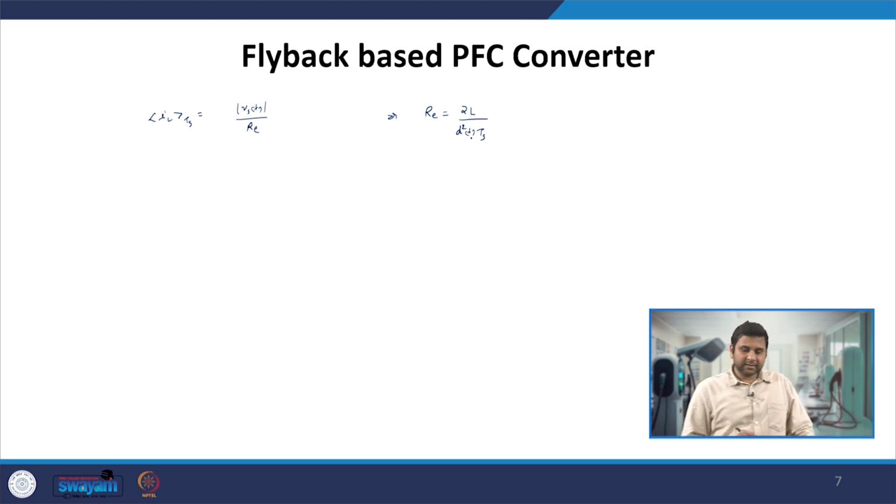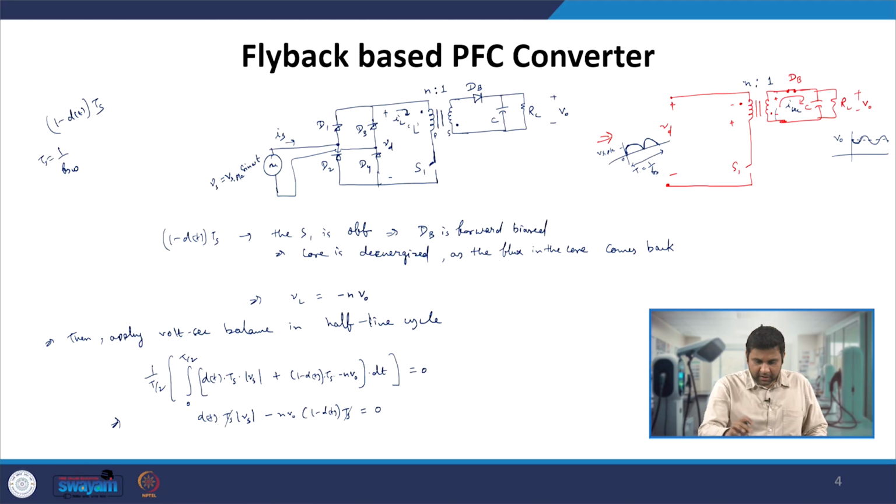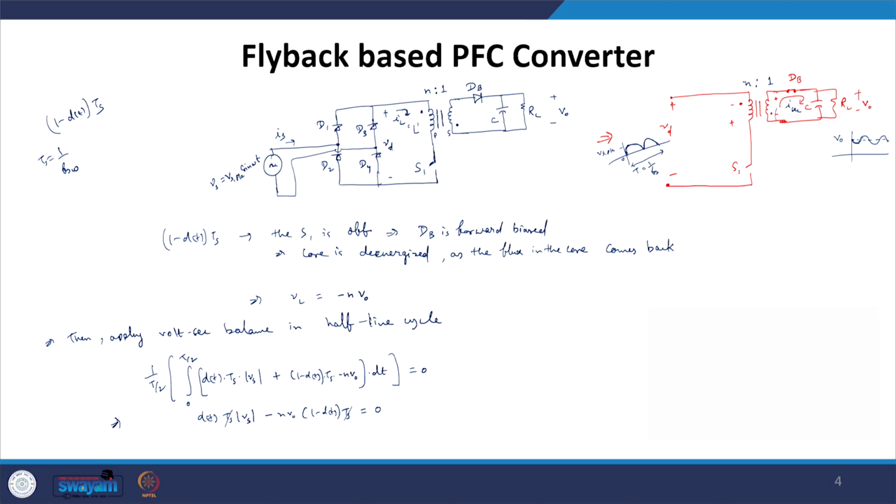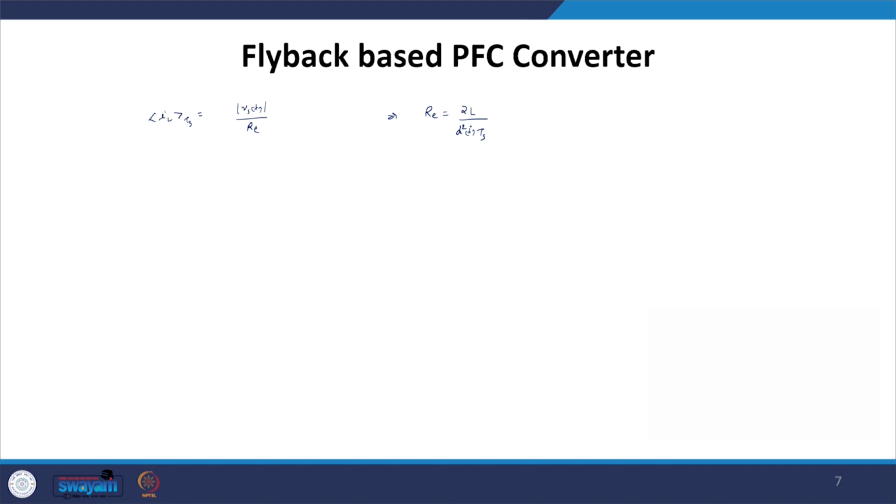Now it indicates that the average variation of the current here is nothing but following the Vd, or you can say the variation is the same as Vd, and it behaves as a resistive load having the effective resistance value of 2L by d square of t Ts.